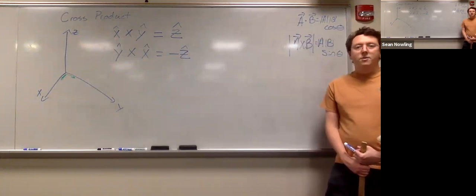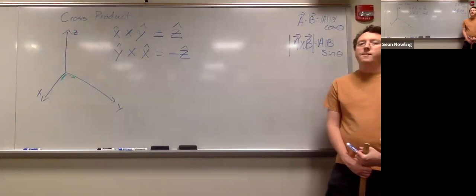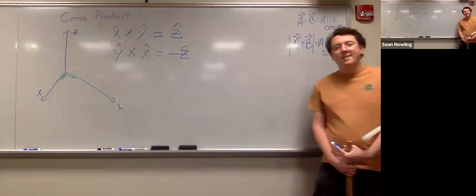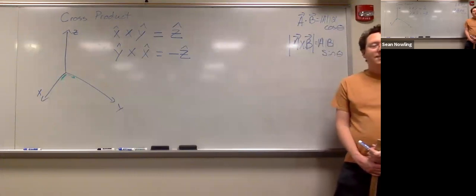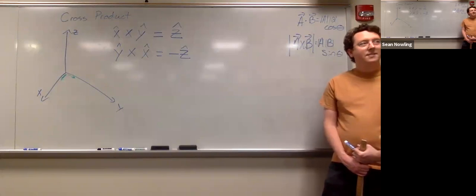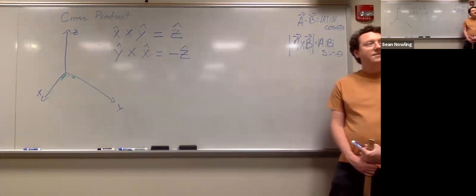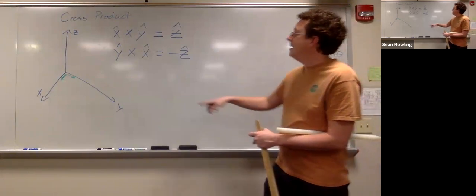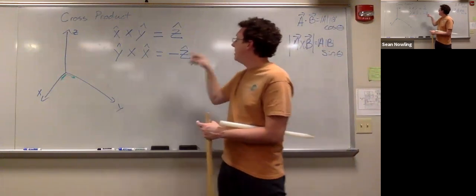Y hat cross x hat, I'm sorry. I've been at this for, I don't know, 9 hours, so I'm getting a little loopy. Y hat cross x hat gives you minus z hat.